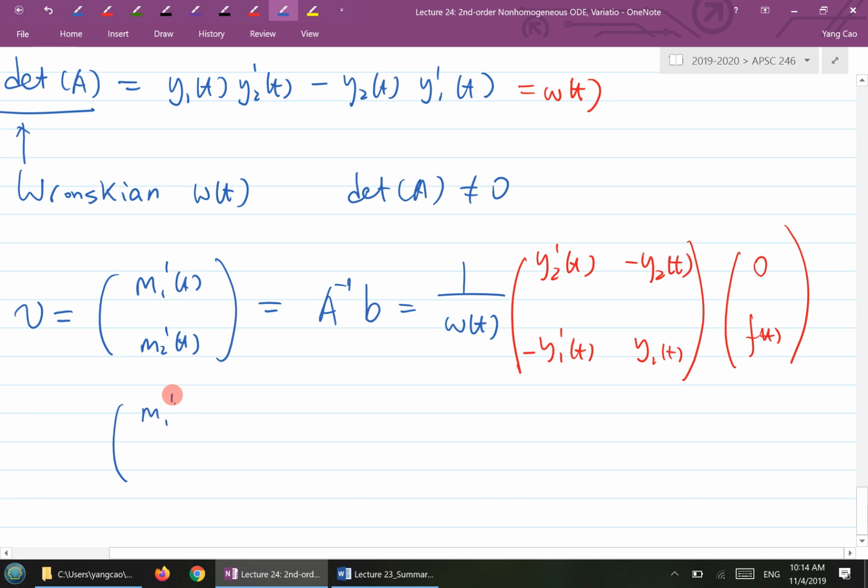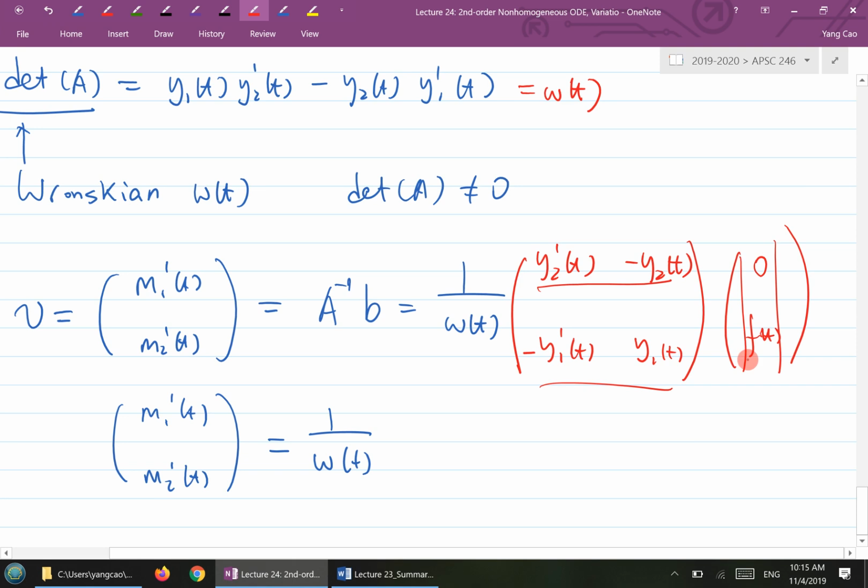I will simplify this a little further because I need the solution for m1 and m2. So m1 prime here, m2 prime here. We can multiply this matrix out: 2 by 2 times 2 by 1 gives you a 2 by 1. That gives you 1 over W(t) times this times this, and this times this.